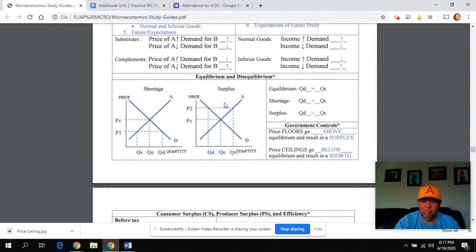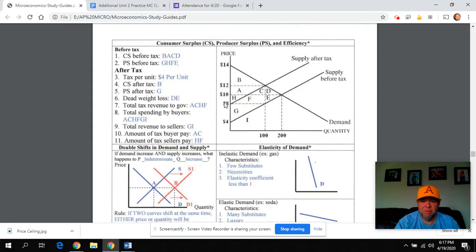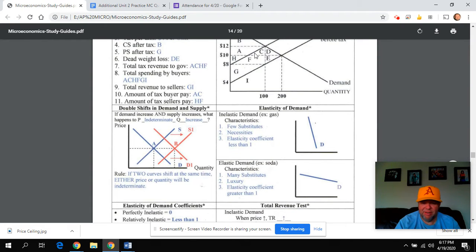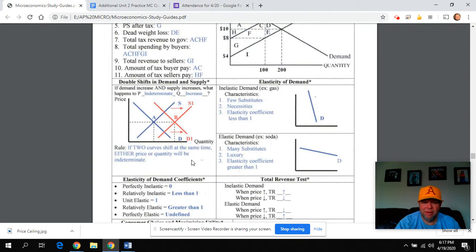Okay, floors and ceilings. This is also the one where we talk about consumer surplus, producer surplus, and efficiency. So here's a graph based on all of that. Make sure you look over all of this stuff, guys. What happens if they both shift? If two curves shift at the same time, either price or quantity will be indeterminate.